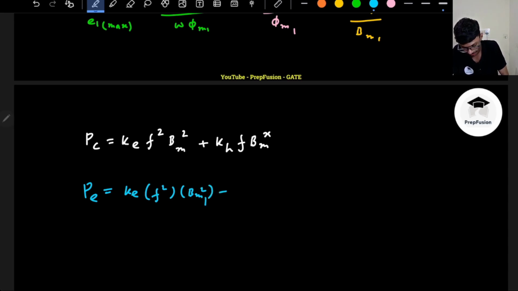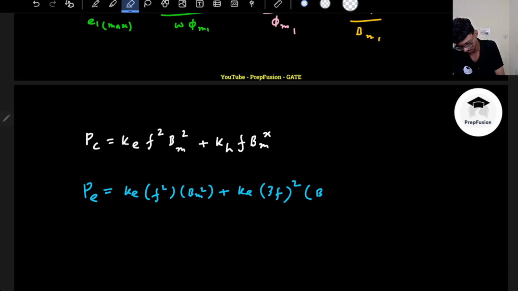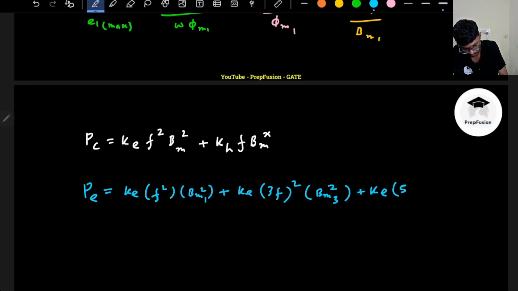Then Ke into 3F whole square into Bm3 whole square due to the third harmonic component, plus Ke into 5F whole square into Bm5 whole square, and so on, right?